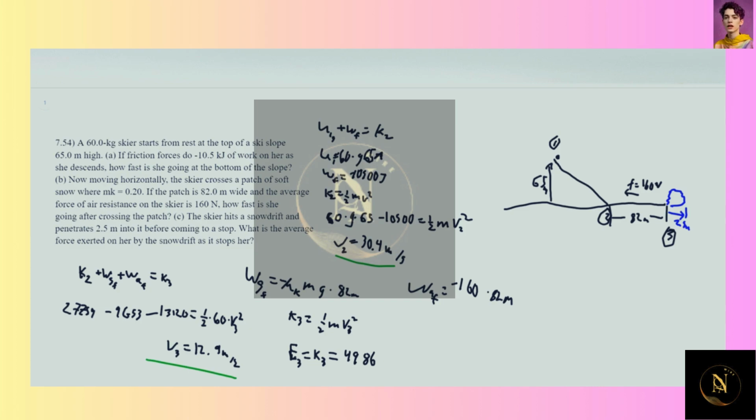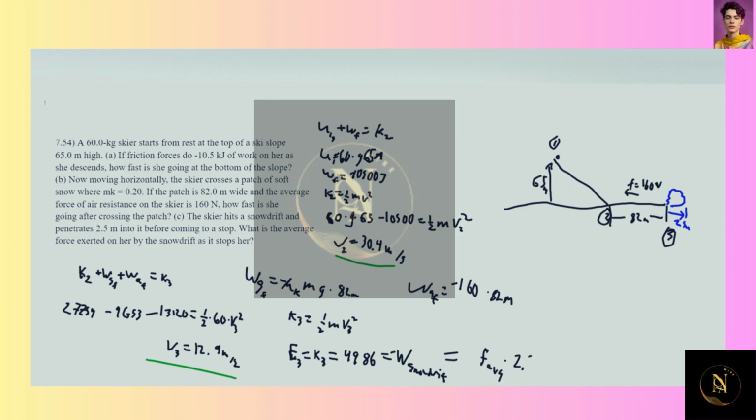Okay, and that's going to be equal to the work done by the snowdrift. And that's going to be negative work by snowdrift. Okay, so then that's going to be equal to the average force times the distance.